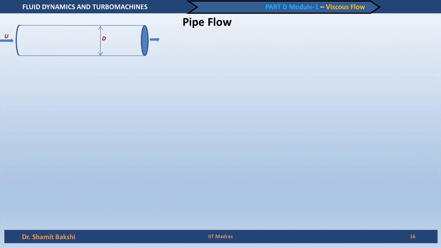What we are mainly concerned with here is to find out the flow losses, like how much power is required to pump a fluid from one place to another. So, naturally this has a lot of engineering applications, like transportation of liquid fuel through pipes and ducts from one place to another, and of course pumping of water in household water supply systems. So, a lot of applications are there.